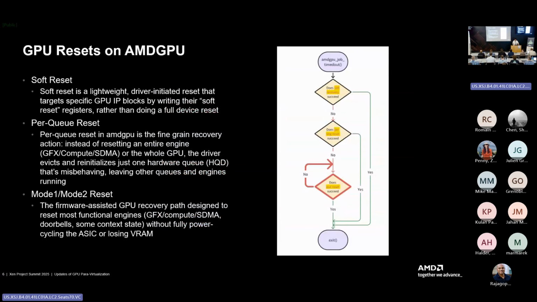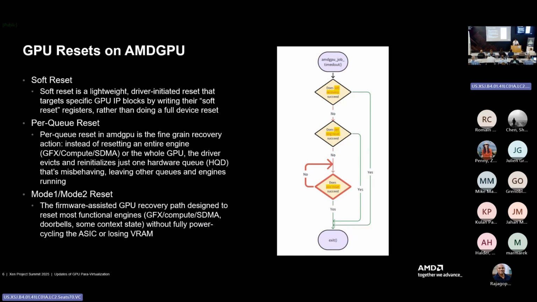Okay, let's start with GPU reset. This is a hardware reset on AMD GPU. I need to introduce some hardware methods here before we introduce the software GPU recovery. The first GPU hardware reset is a soft reset.